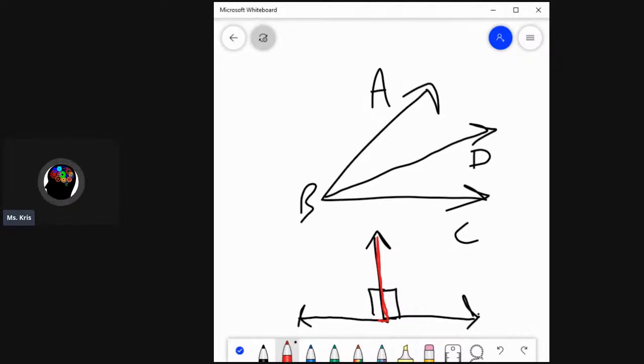So they are considered adjacent to each other because they share the same side in the middle.